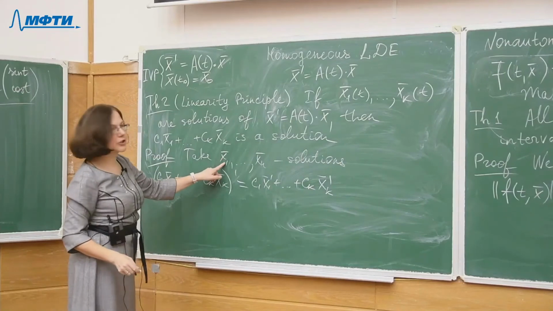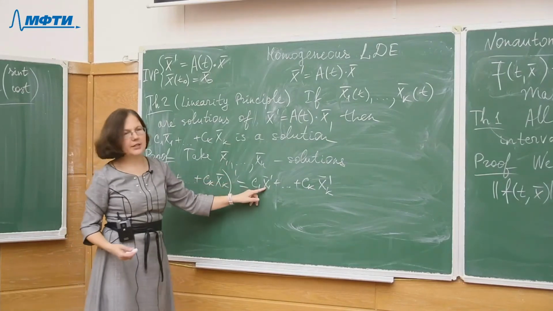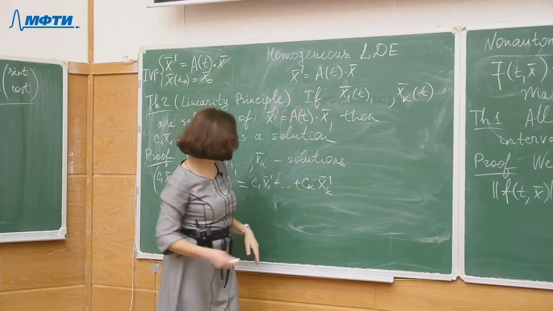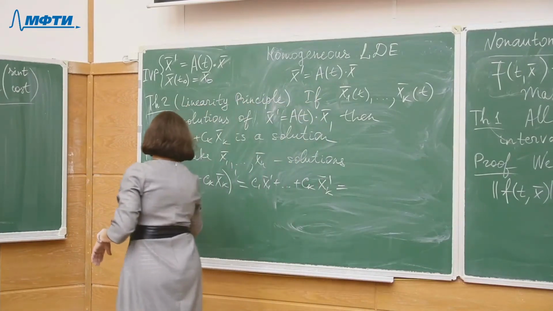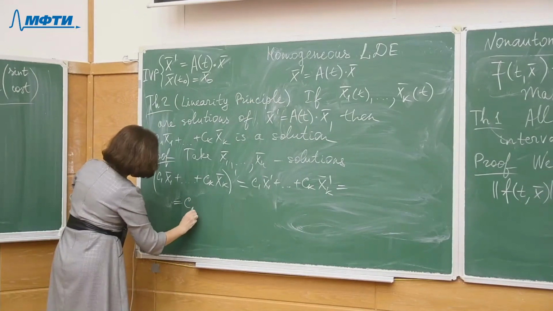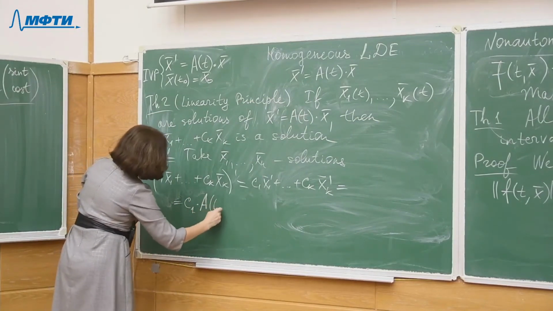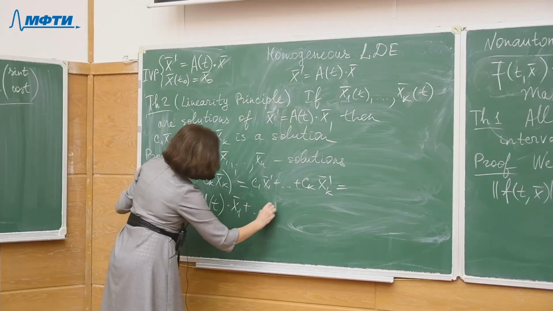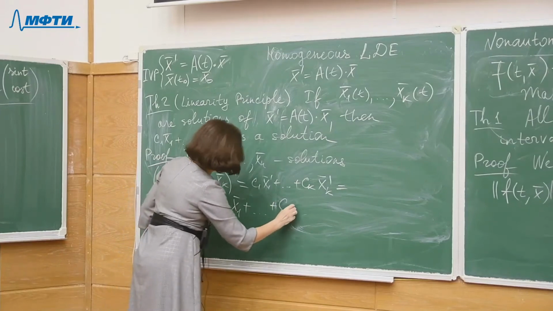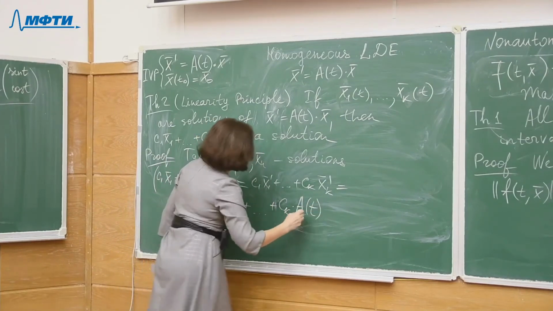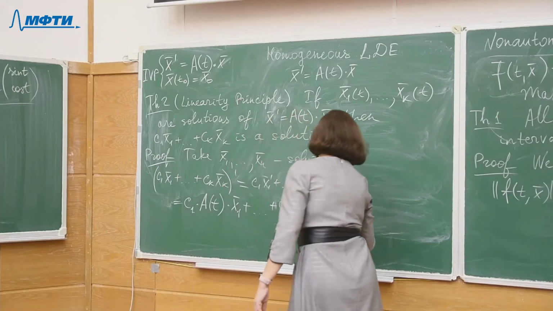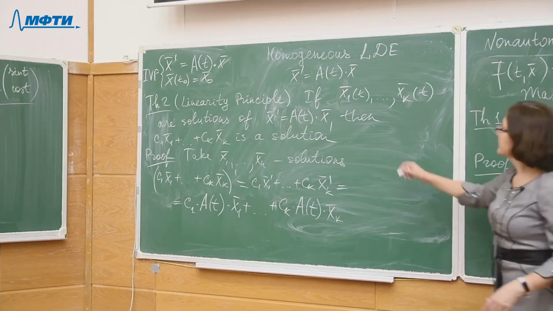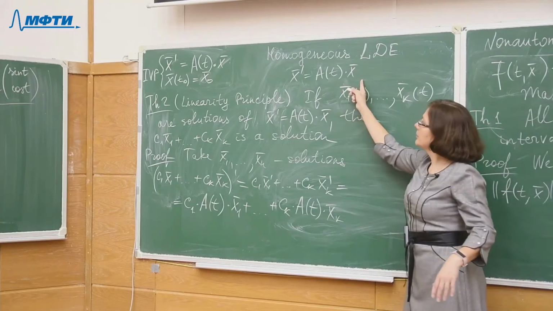Since these functions are solutions, each derivative xk' is equal to A of t times xk. We just substitute this equation.